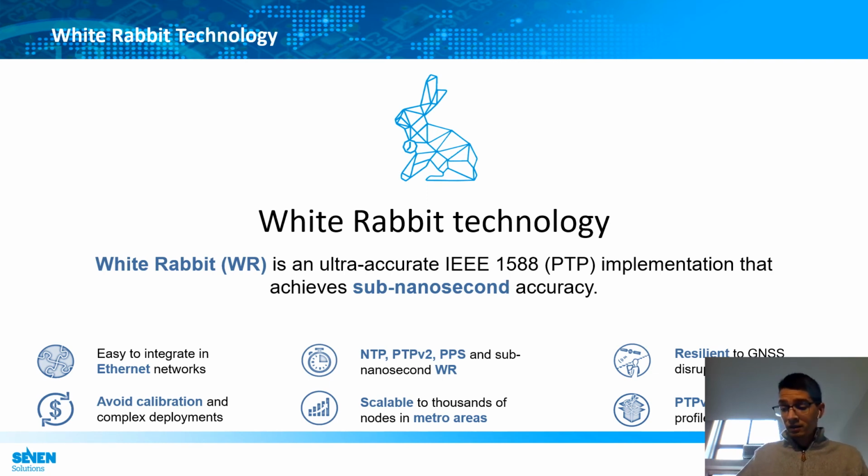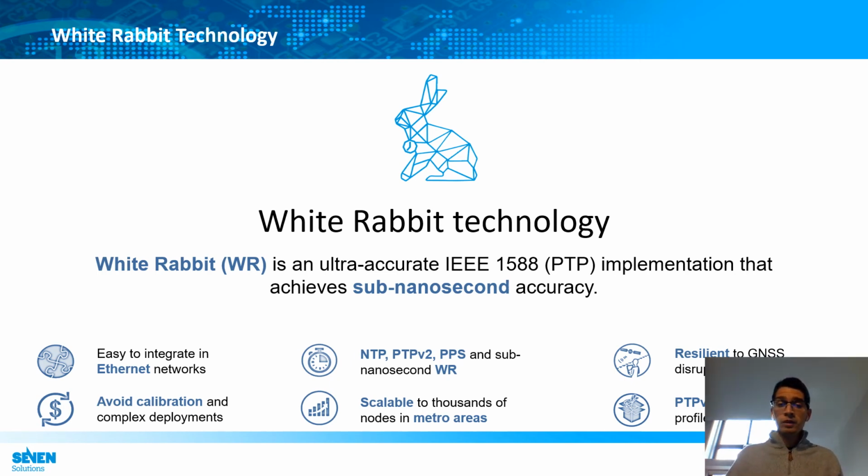Here, what we typically work with in time synchronization for finance is the White Rabbit technology, which is an implementation of the standard PTP, whose main goal is to achieve sub-nanosecond accuracy, and that fulfills the level of measurement that the customers or the actors in finance need to measure latency.